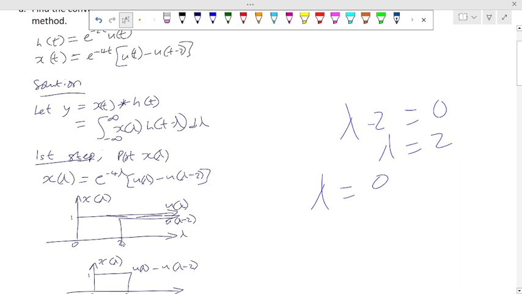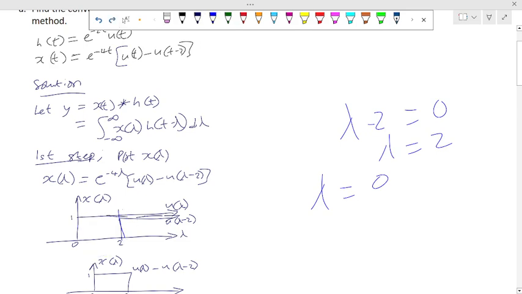For the other, it begins from 2 on the lambda axis, and on the x of lambda axis it also starts from 1 to infinity. You can see that u of lambda and u of lambda minus 2 meet at this point. Are we seeing it?